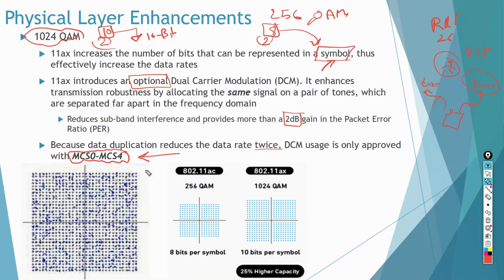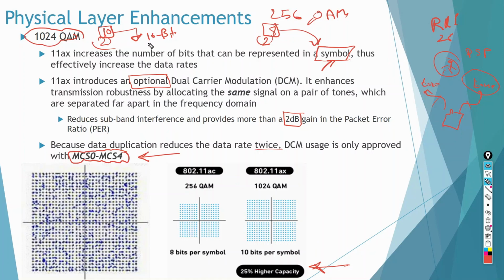And now, let's have a look at the constellation diagram. You can see from the differences between 11AX and 11AC how much denser the constellation diagram becomes just by adding 2 bits inside the symbol. And it is mentioned here that it provides 25% higher capacity. I don't want you to memorize that. It's easy.